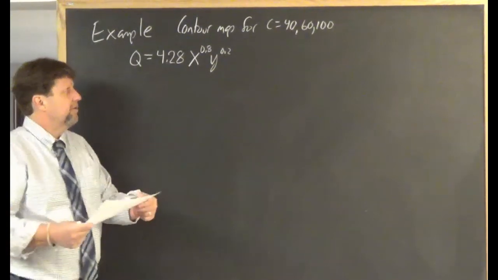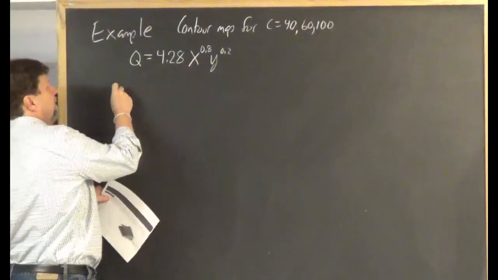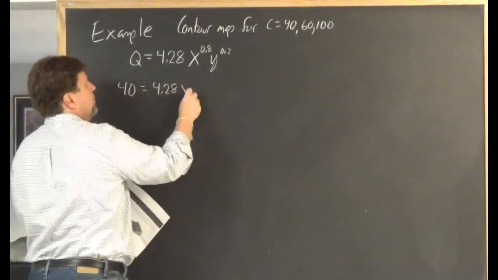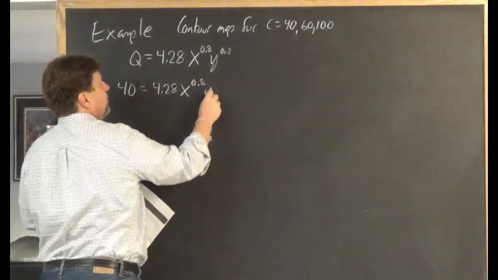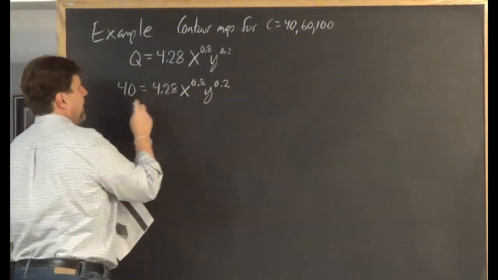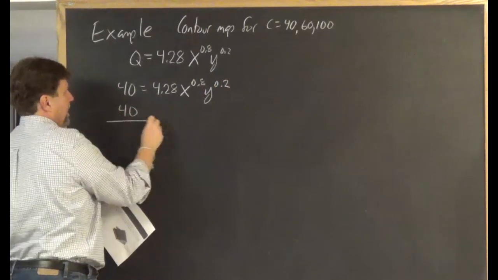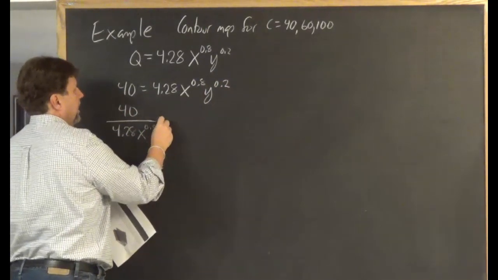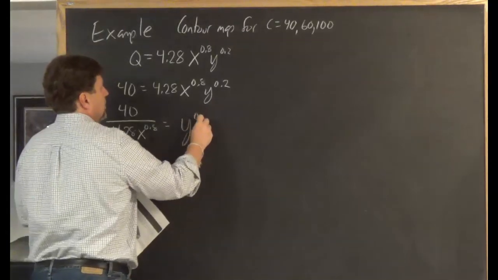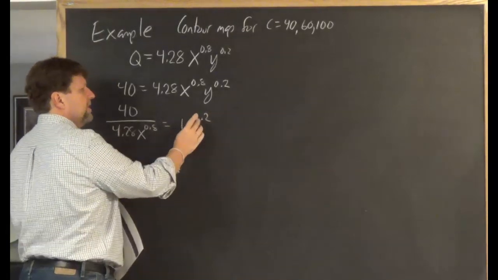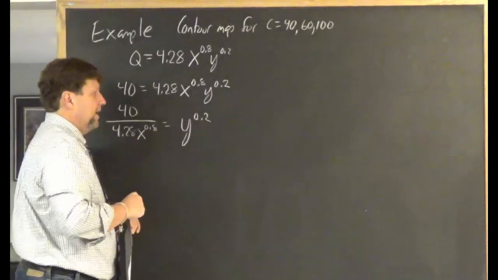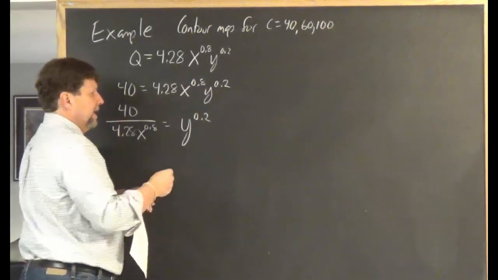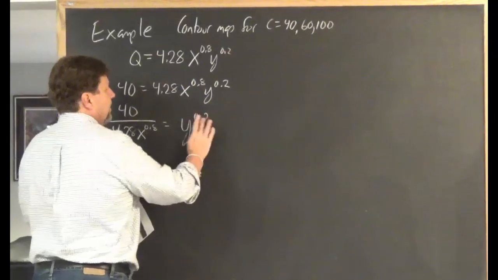For a C value of 40, you put 40 in for Q, and to use the calculator, you have to solve for Y. So divide both sides of the equation by 4.28 x to the 0.8. And remember, 0.2 as a fraction is 2/10, which reduces to 1/5.